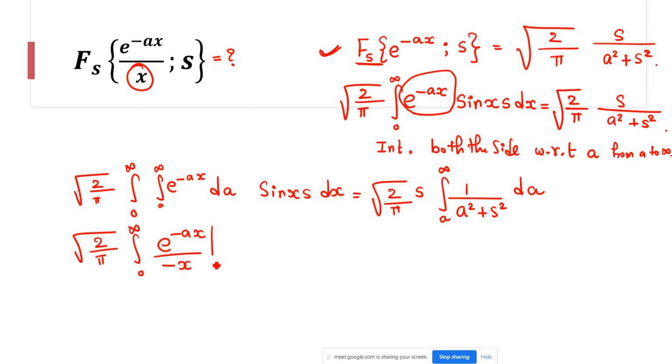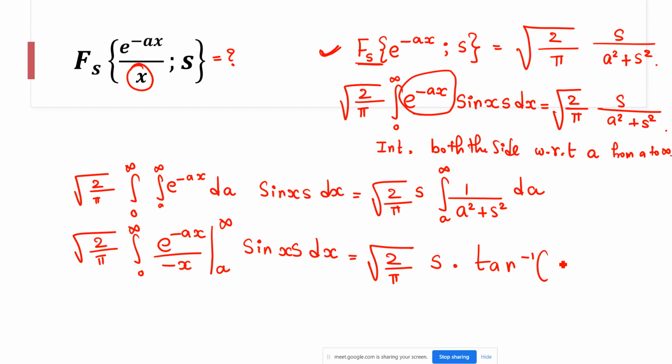Once we substitute a, once we substitute infinity, and it is sine xs dx is equal to root 2 by pi s. Now the integration of 1 upon a square plus s square da is tan inverse of a by s, multiplied with 1 by s.